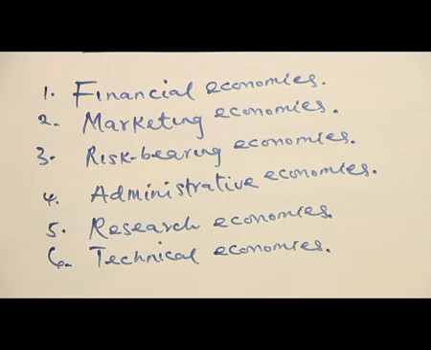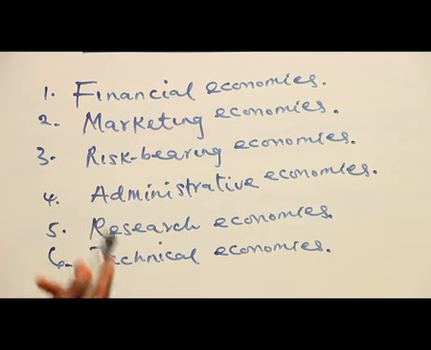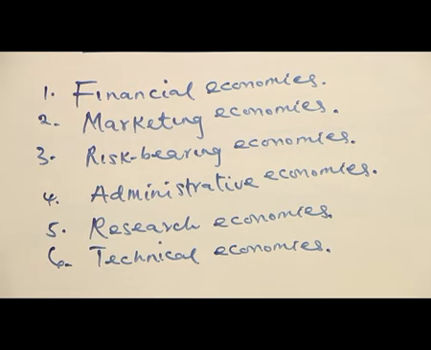So if they can buy materials at a cheaper rate, then production will increase at a higher rate. But if a firm finds it difficult to acquire materials to be used for production at a cheaper rate, then the firm will be experiencing what we call marketing diseconomy.